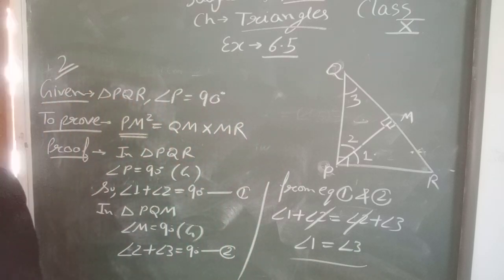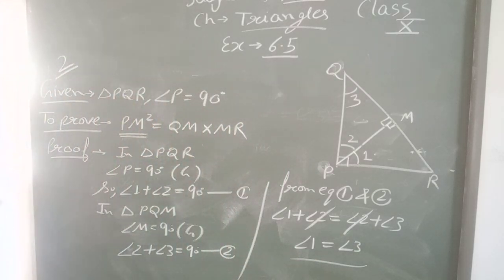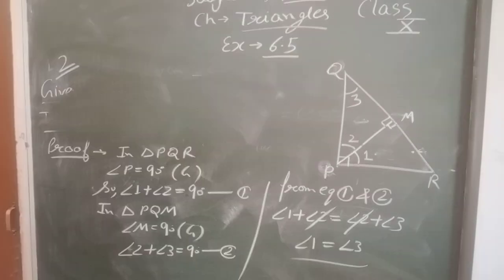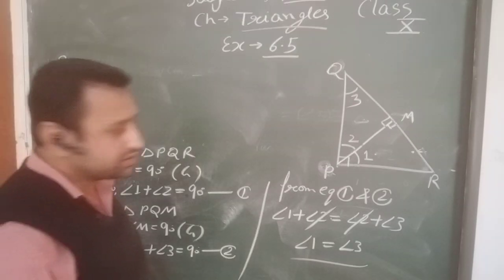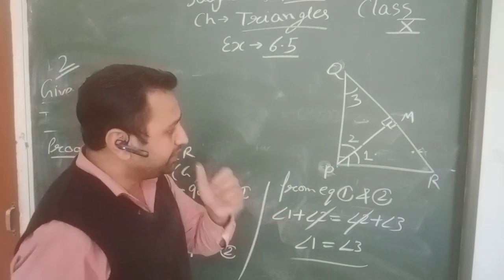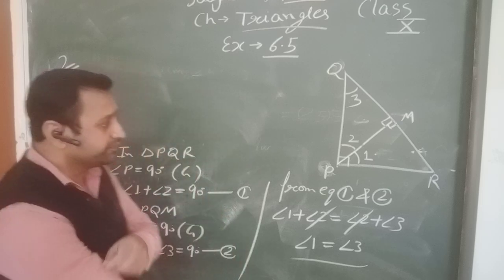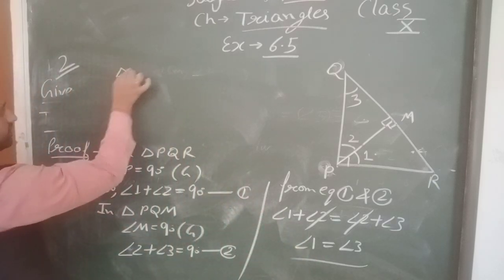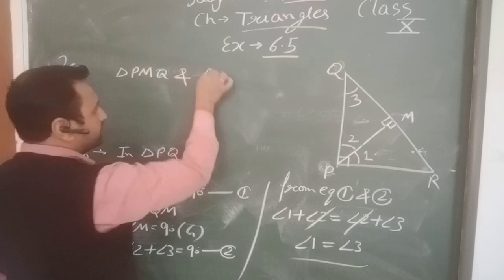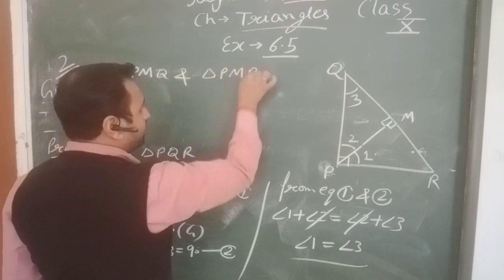This is the second parameter we can use to make the triangles similar. Okay students, now the similar triangles PMQ and PMR.